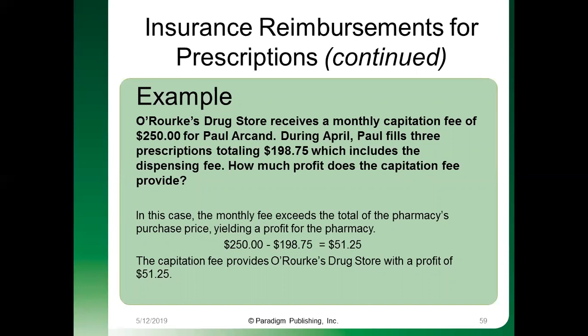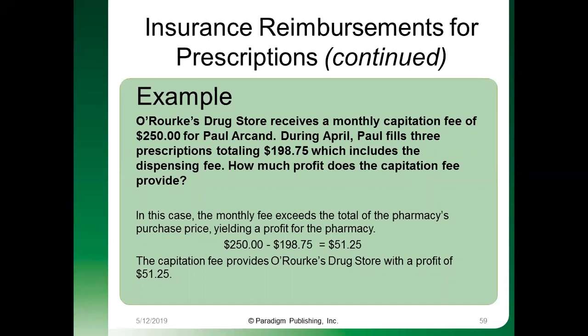So in this case, the monthly fee exceeds the total the pharmacy purchase price yields. So 250 minus 198.75 is equal to 51.25. The capitation fee provides Rockridge Drugstore with a profit of $51.25.